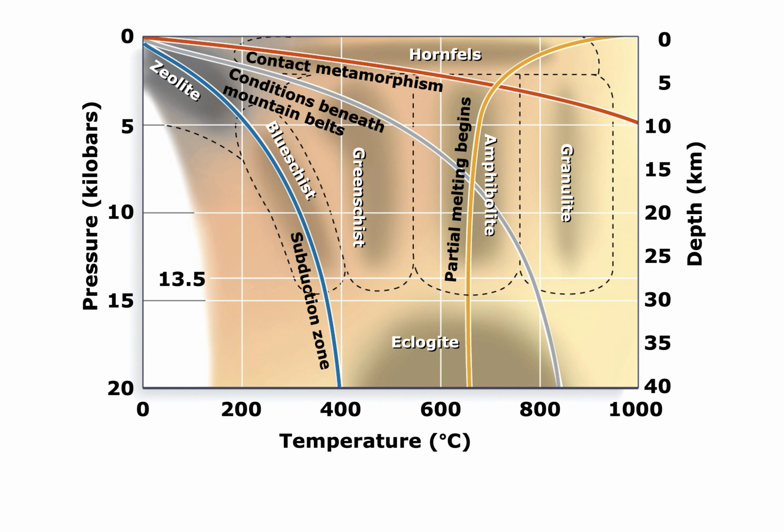And then we have this yellow path, and that is where partial melting of the rock starts.